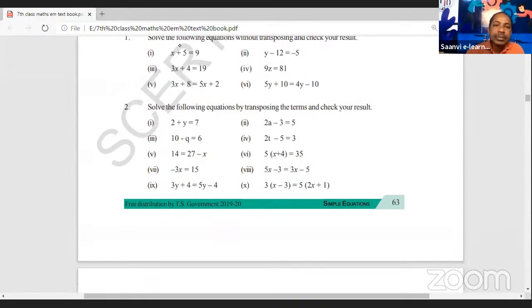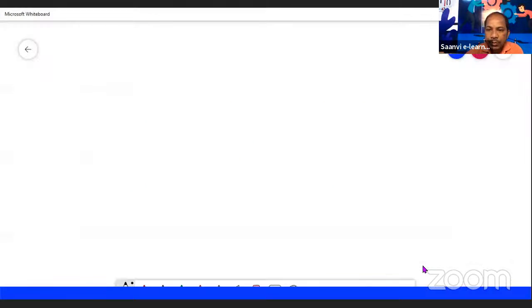Second bit. See, the first question is given: 2 plus y is equal to 7. This equation we have to solve by transposing method. Let us see how to solve it. All of you look at the board.